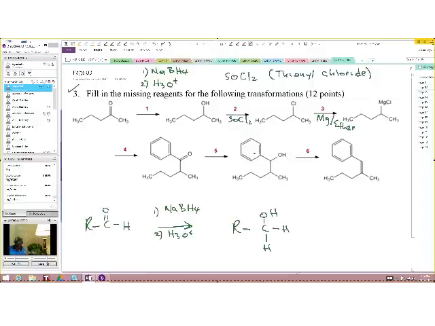About number 4. Number 4, we want to react this Grignard reagent here with some reagent in order to give this ketone. Okay, nitrile, excellent. That is another reagent you need to know of.